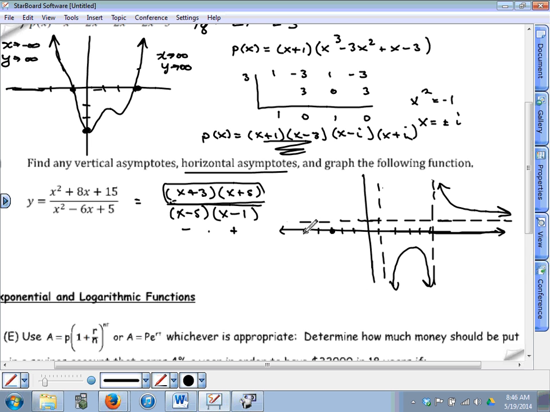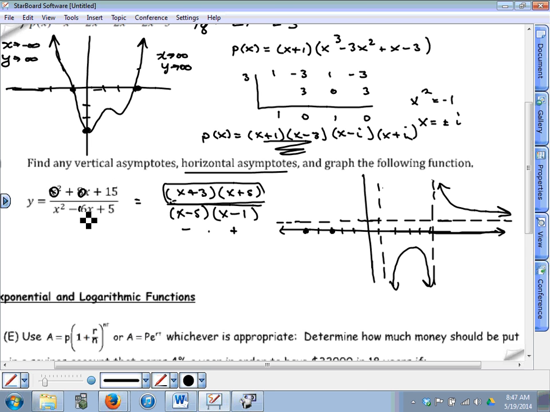Okay, you guys, this one right here is a little weird. What happens over here? Oh, we missed one thing. We forgot the y-intercept. How do we figure out the y-intercept?